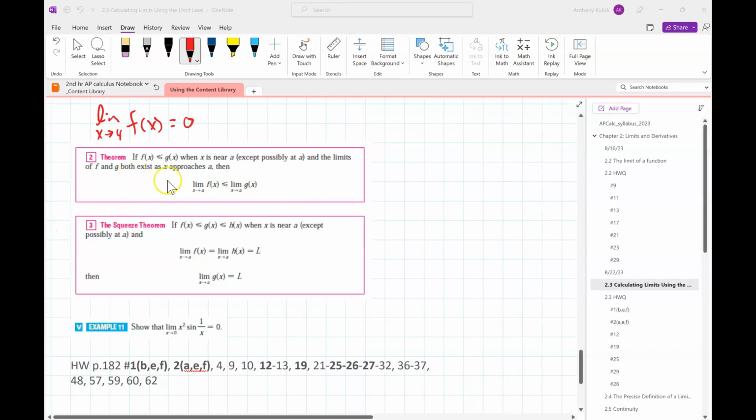First things first, if f of x is less than or equal to g of x, where x is near a, and the limits of both of those two functions exist as x approaches a, then the limit of the lower function has to be less than or equal to the limit of the upper function, right? So how does that help us?